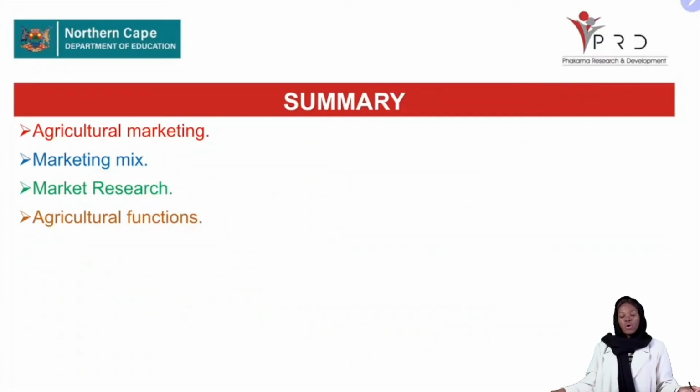And we were also able to differentiate between marketing and selling, where in marketing, the focus is on the consumer's needs, while in selling, the focus is on the product, that it must be sold, or on the sales volume.